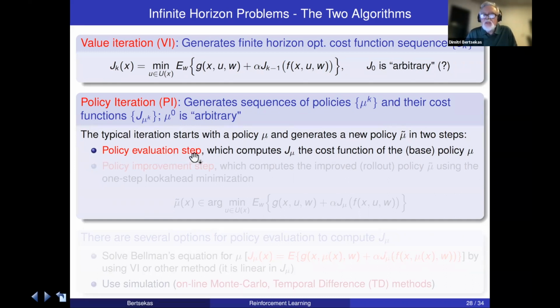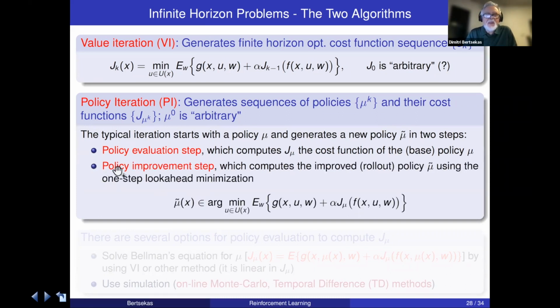One is a policy evaluation step, which computes the cost function J mu of this policy. This is like a base policy. Now, the policy improvement step uses the J mu of the base policy to compute an improved policy, which we might use as a rollout policy, mu tilde, using one step lookahead minimization.